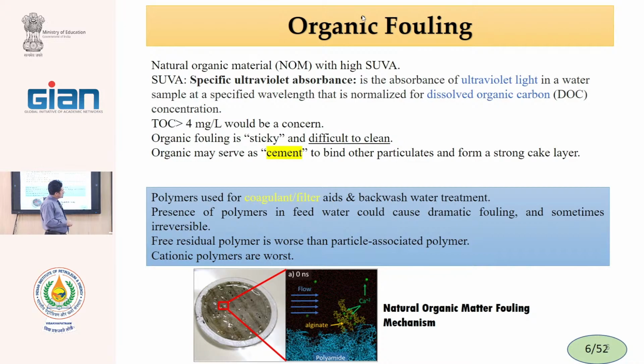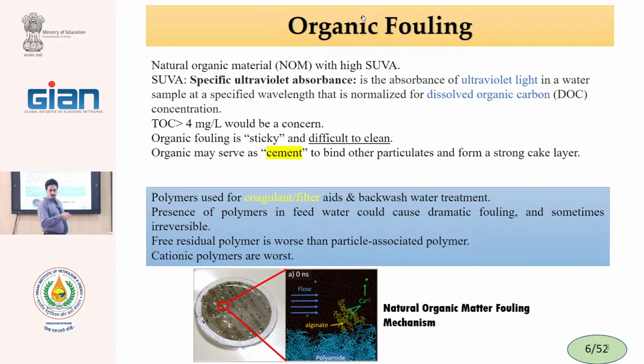This membrane was used for natural organic matter filtering, and after fouling, we did an analysis to characterize this layer, and it shows that most of it is alginate from algae. From the seawater, there are algae that produce alginate, and alginate fouls very badly in the presence of calcium.